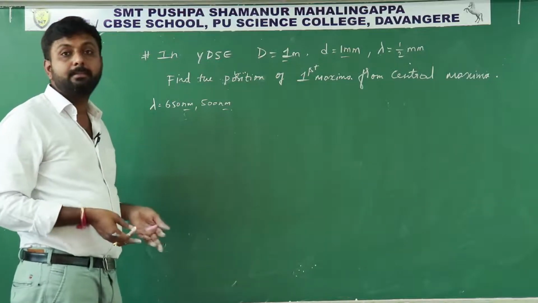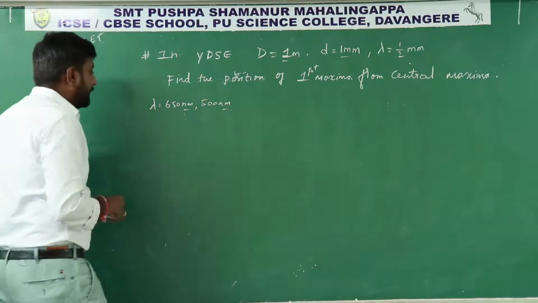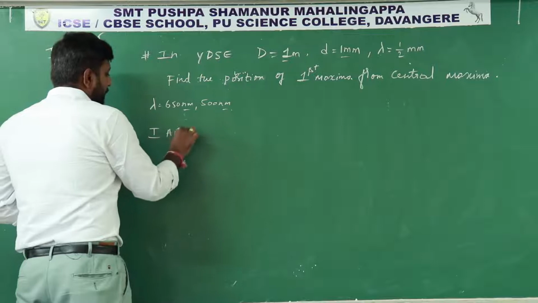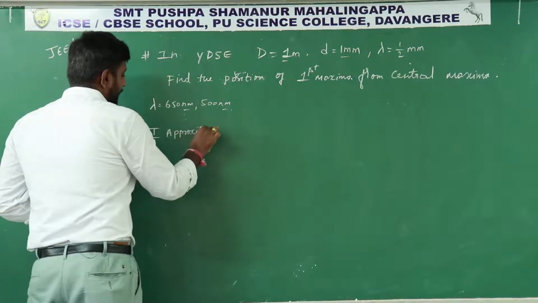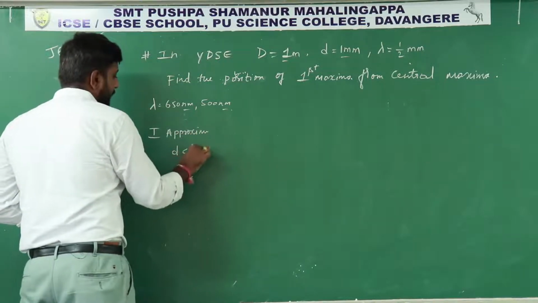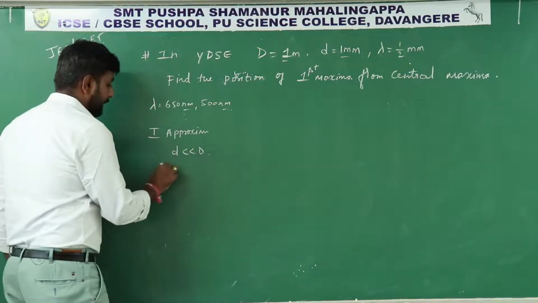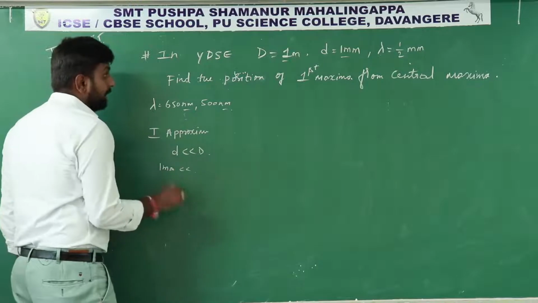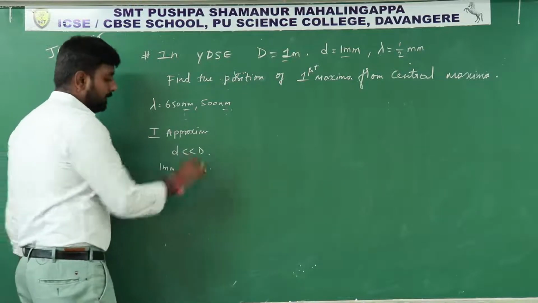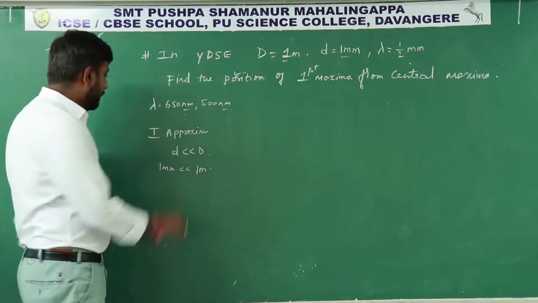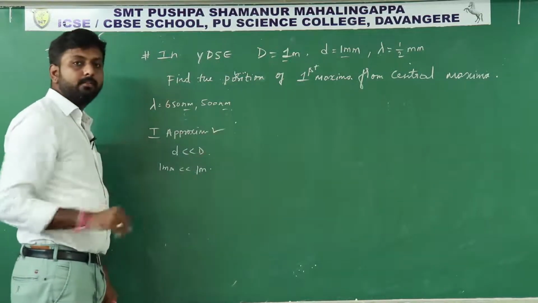What difference will it make? So understand carefully. What is our first approximation? First approximation is small d is lesser than capital D. So small d is 1 millimeter, capital D is 1 meter. Definitely here capital D is greater than small d. First approximation is valid.